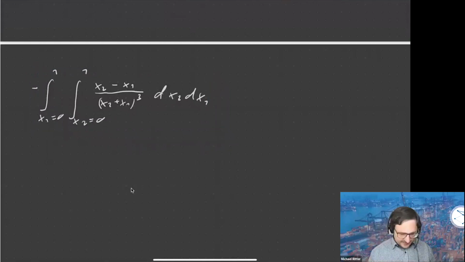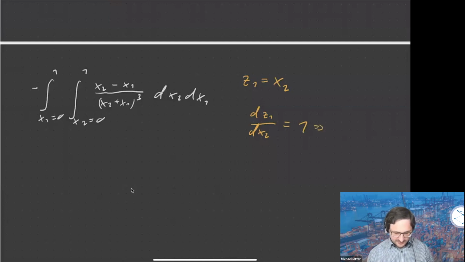Now I say my first substitution is I'm introducing a new variable I call z1, and I'm setting that equal to x2. So I'm going to substitute x2 for z1. Then, by the rule of substitution, I have to compute the derivative dz1 by dx2. That is obviously 1, right? x2 differentiated with respect to x2 is 1. So that means dx2 is the same as dz1.